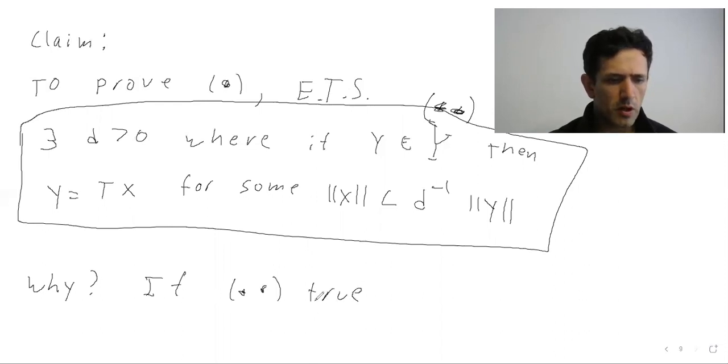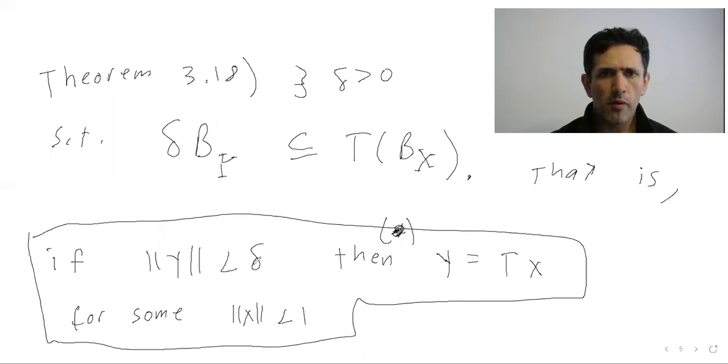Well, let's assume star star is true. So what do we need to do? We need to find some delta where this is true. And I claim delta is just d. Delta is little d.